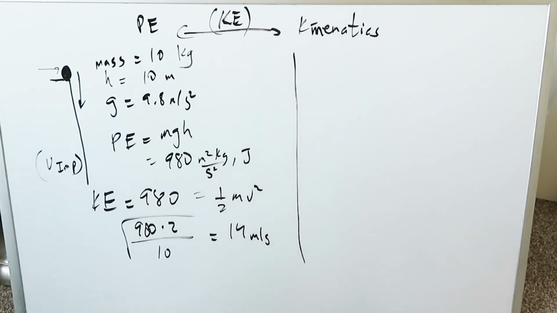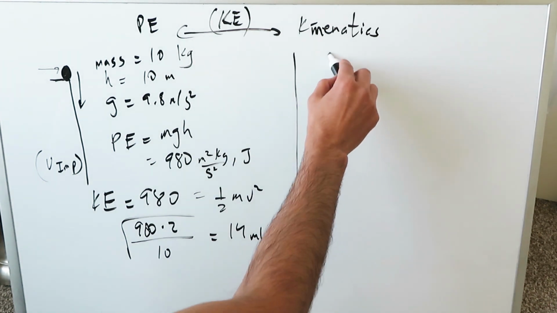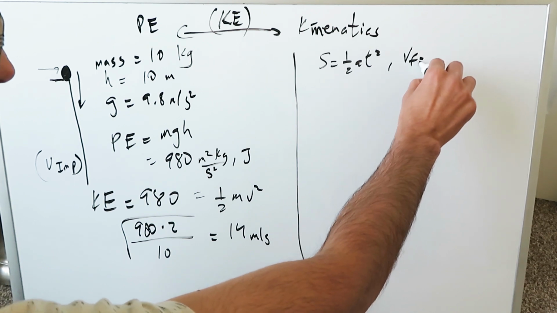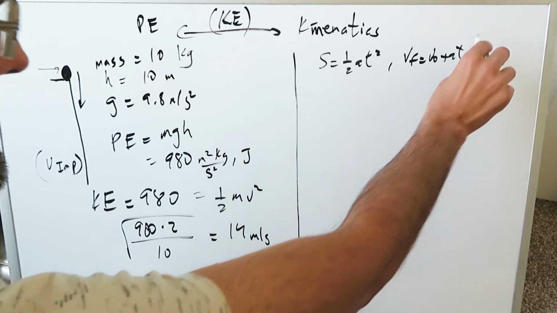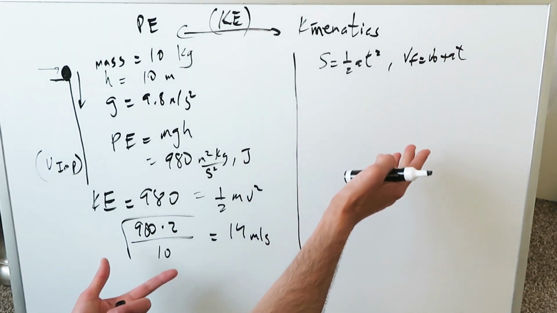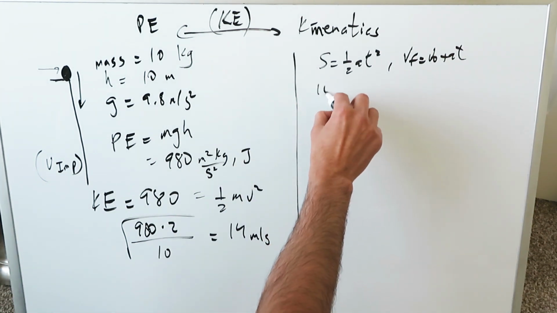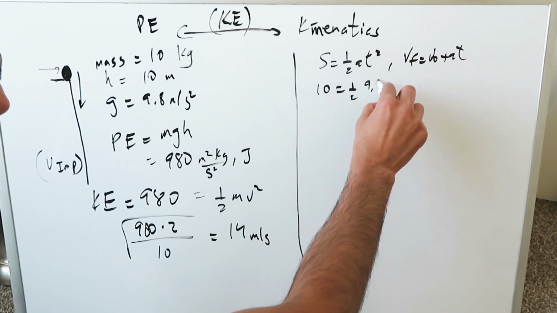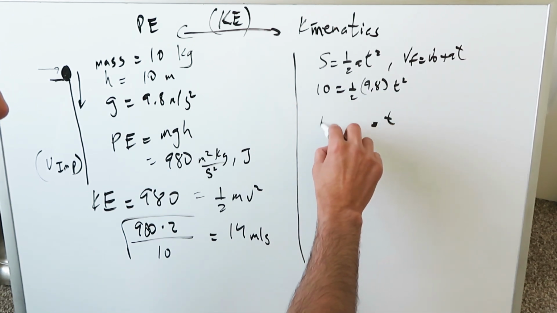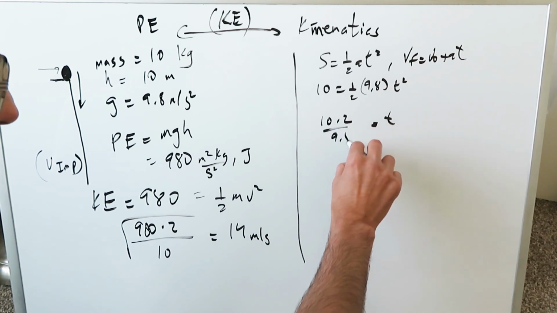Now think about only kinematics. You have s is equal to half at squared. You also have final velocity is equal to initial velocity plus acceleration times time. You have everything you need right here to solve this, and mass has no relevance here. A height of 10, half, 9.8, and t squared, and solve for t. t is going to be the square root of 10 times 2 divided by 9.8.